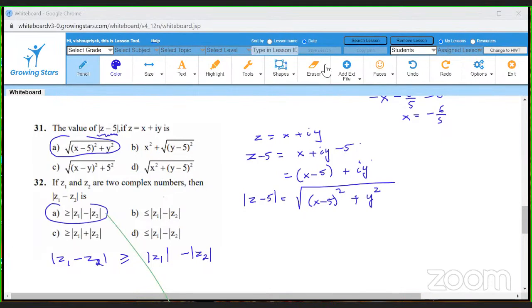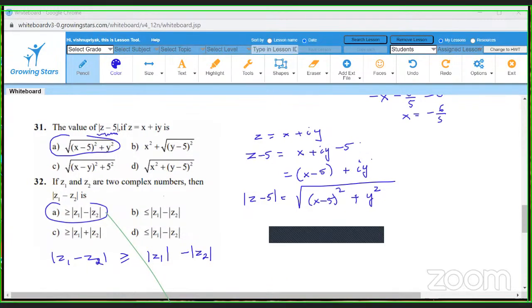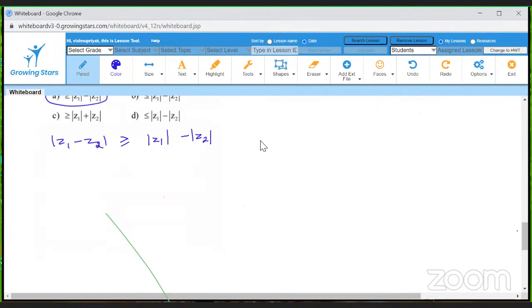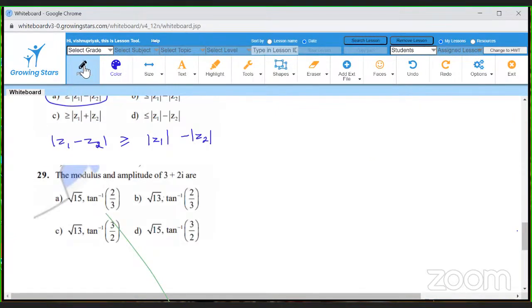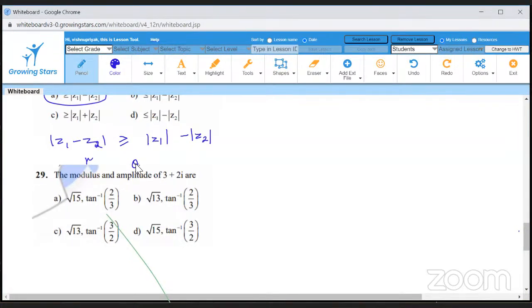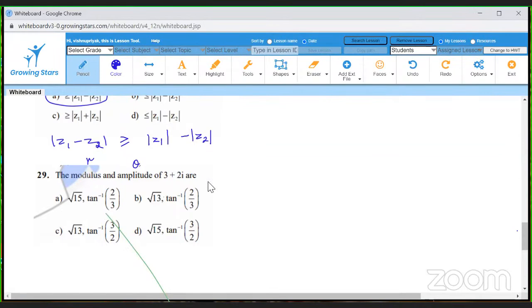Swati has asked me about question number 29. So let me see question number 29 and let me do that. 29 is almost same as 17th question, Swati. Not difficult. This is question number 29. Modulus r, amplitude theta you have to find.